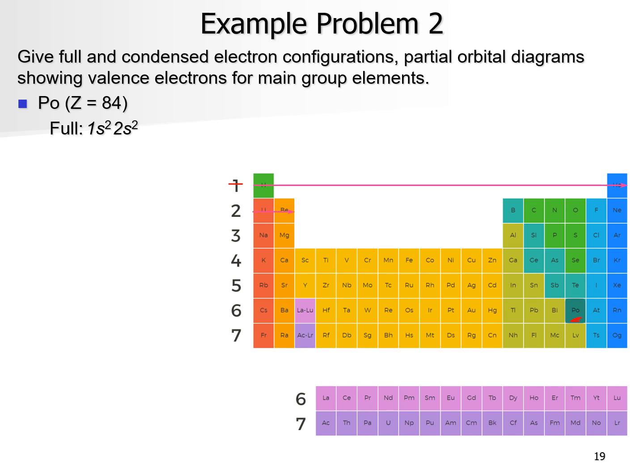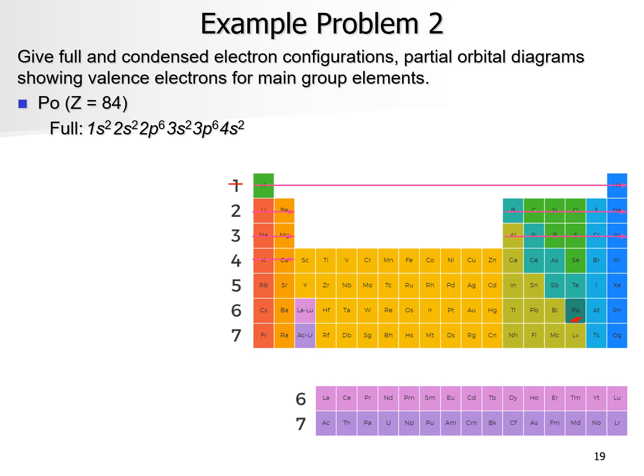As we move to beryllium, that will be 2s2. As we hit neon, that will be 2p6. Moving down to the third period, at magnesium, Mg, that would be 3s2. At argon, Ar, that would be 3p6. We're not there yet. When we get to calcium, Ca, that will be 4s2.